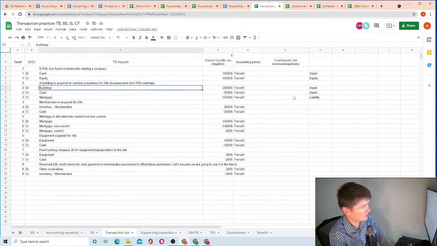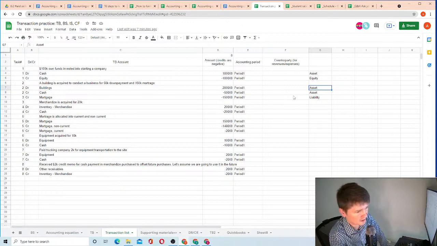Okay, second step, we acquired a building. Is a building an asset? Do we own it? We kind of do, because it's a mortgage, so we can argue whether we own it in full or not, depending on the contract.